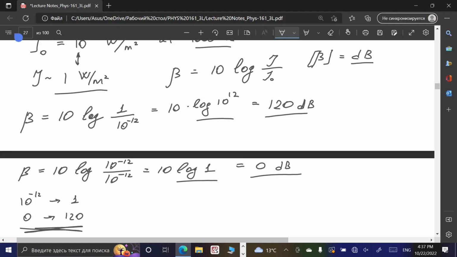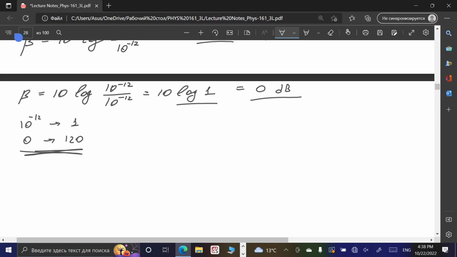That's why pretty much always where you see any measurements of sound intensity, they are carried out for sound level and shown in decibels. Of course, if it's necessary, knowing decibels, knowing this threshold level of 10 to minus 12 watts per meter square, you can always go from decibels to watts per square meter. But usually decibels are shown.